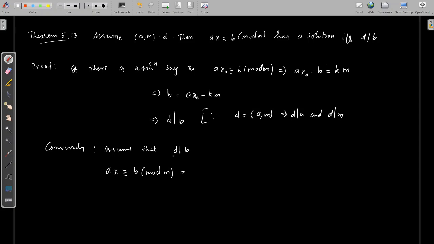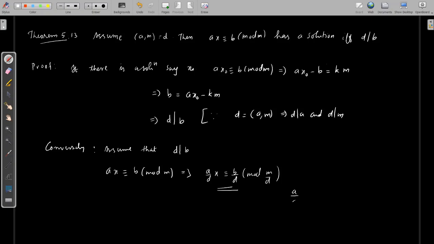Then if D divides B, you can rewrite this congruence as (A/D)x congruent to B/D mod M/D. Now consider this congruence.